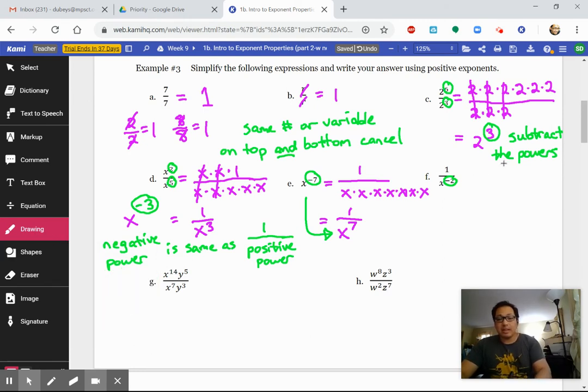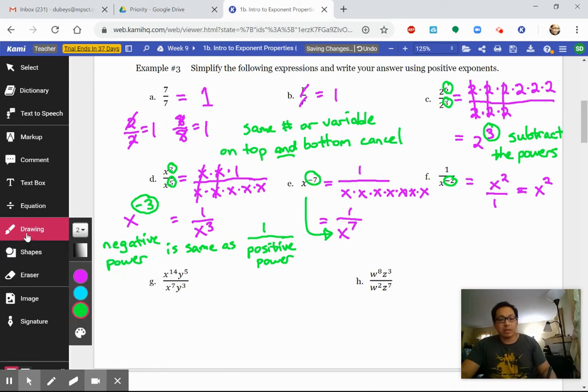So this is going to be equal to, and it's kind of hard to explain that, so you just kind of have to go with it. This is actually equal to x to the power of positive 2 on the top of the fraction. So you don't have to write over 1, you could just say x to the power of 2. I guess I could write over 1, flip it to the top, but anything divided by 1 is just itself, so x to the power of 2.